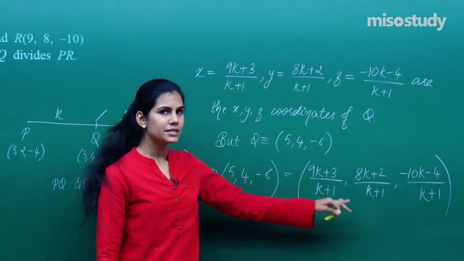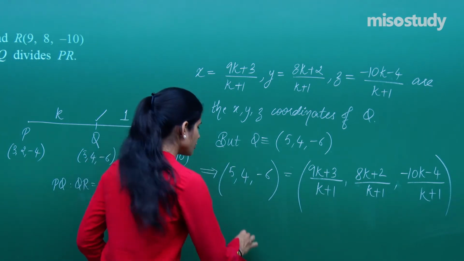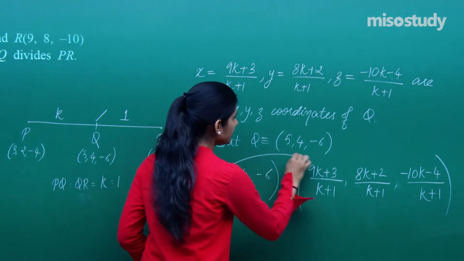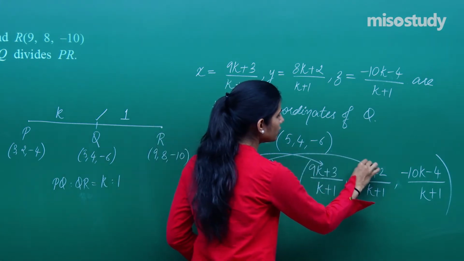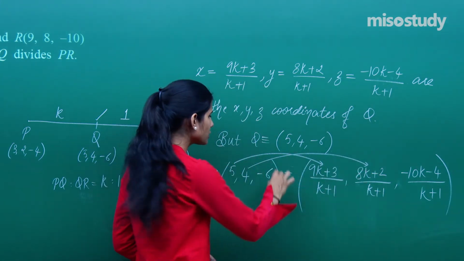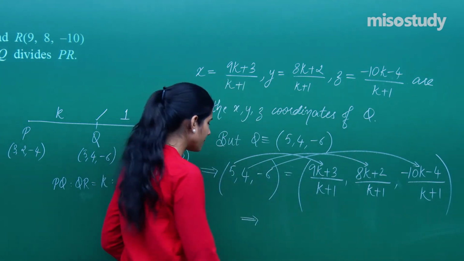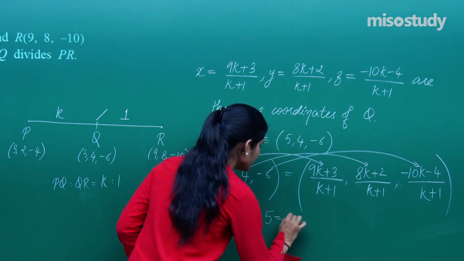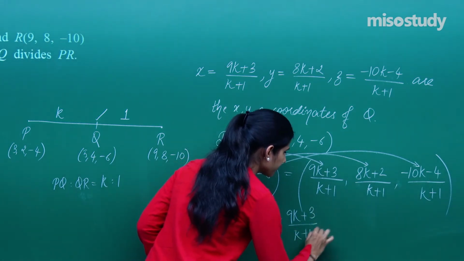When two ordered triplets are equal, that means each of their components is equal. So this implies 5 is equal to 9k plus 3 upon k plus 1 and 4 is equal to 8k plus 2 upon k plus 1 and minus 6 is equal to minus 10k minus 4 upon k plus 1. Let's just pick up any one, because any one is going to give you the value of k.